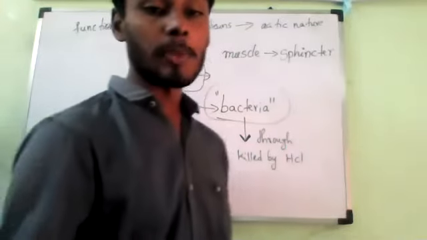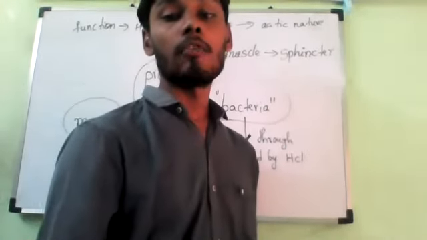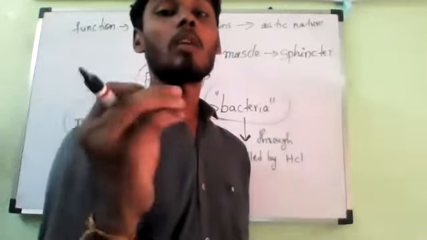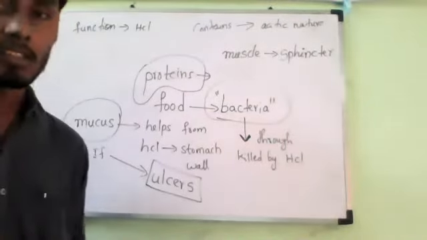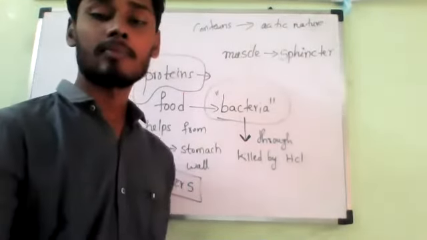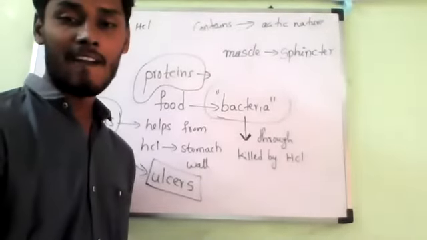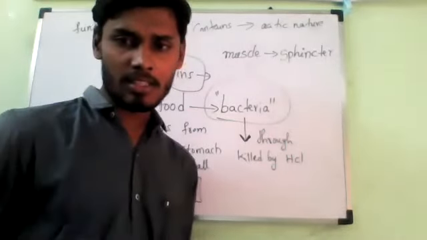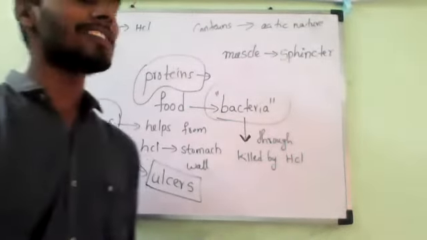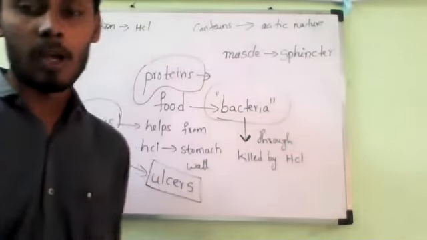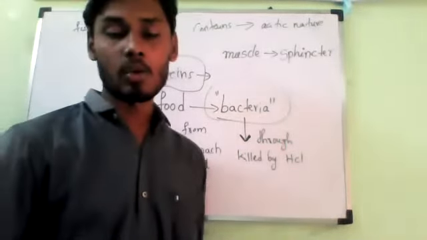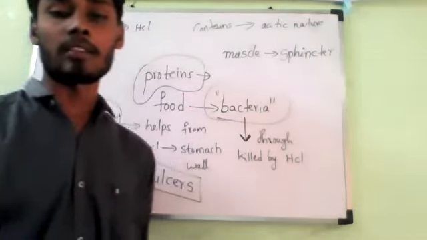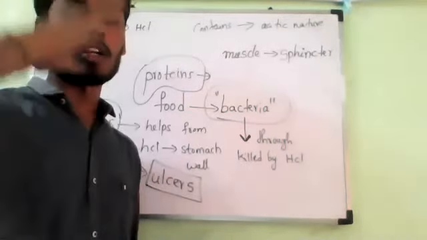Note it down: sphincter muscle, which helps pass small amounts of food into the small intestine. It is present in the stomach also, and at the entrance of the small intestine, like a railway gate. At the end of the stomach and the beginning of the small intestine, one muscle acts like an opening and closing door.